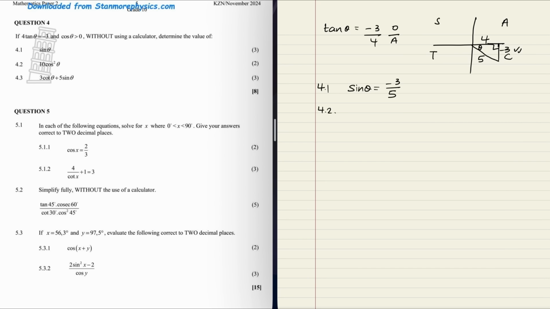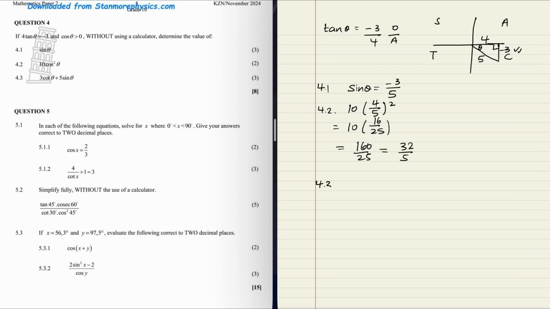Question 4.2, 10 cos squared theta, so 10, and then cos theta is going to be 4 over 5, so 4 over 5 squared, and that's going to simplify as 10 multiplied by 16 over 25, and that's going to equal 160 over 25, which is then 32 over 5.